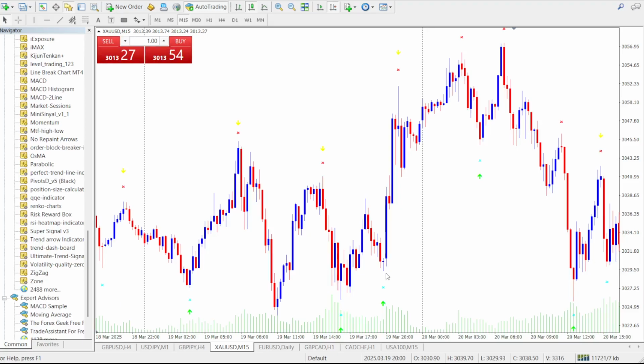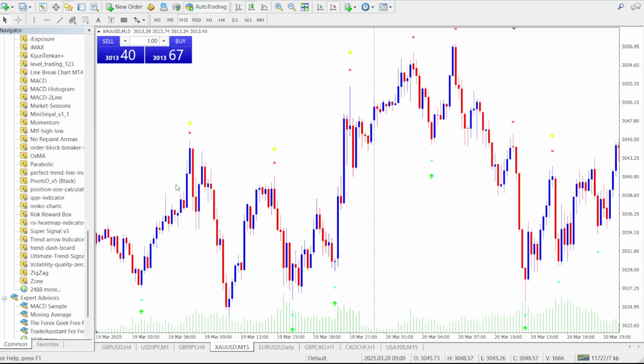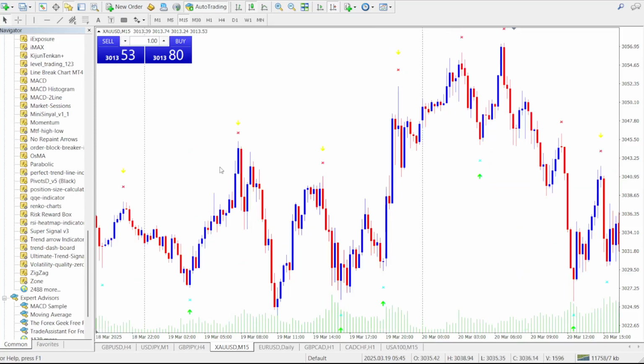Now, if you want to identify a sell signal, you'll be looking out for yellow arrows to appear above the candlesticks because that signals bearish momentum. So when that happens, you want to look for sell opportunities. You enter a sell trade, set your stop loss above the recent high, and then ride the sell move.